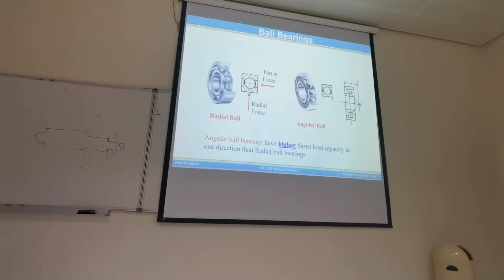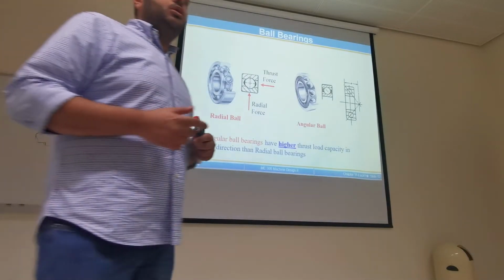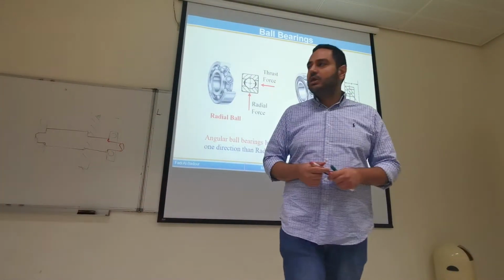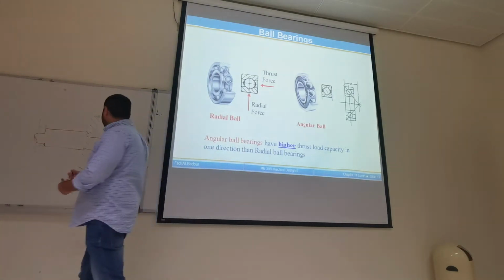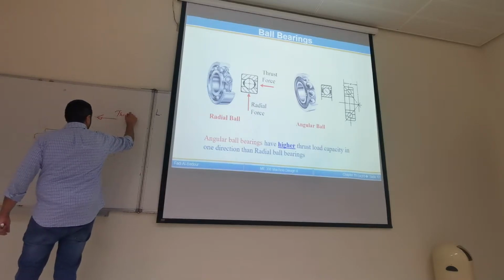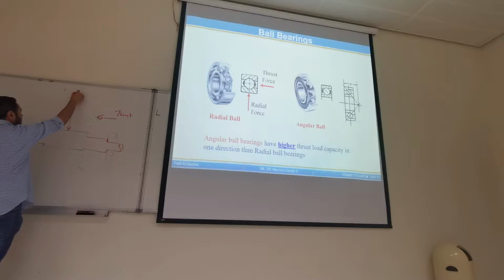In the car, the wheels, front and rear wheel, are all exposed to thrust load. So thrust load means it's along the axis of the shaft. This is the direction of thrust load. Radial load is the load that is lateral to the shaft.